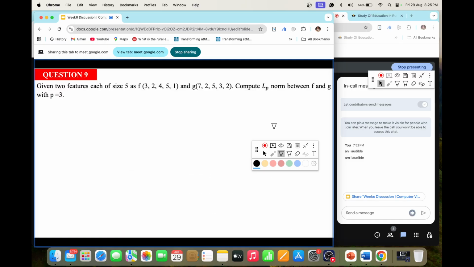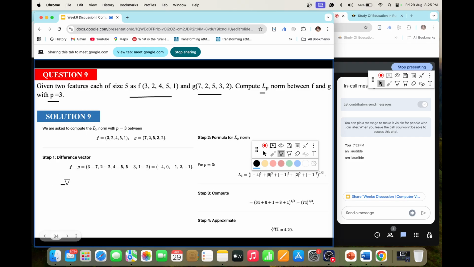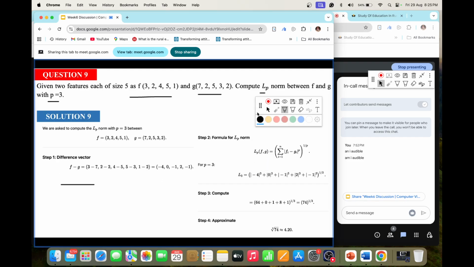Now given two features, these two are given, compute the LP normalization if p equals 3. Again you have to do f minus g first, and then you have to use the LP formula. This is the LP formula, just do this, and then compute this thing.